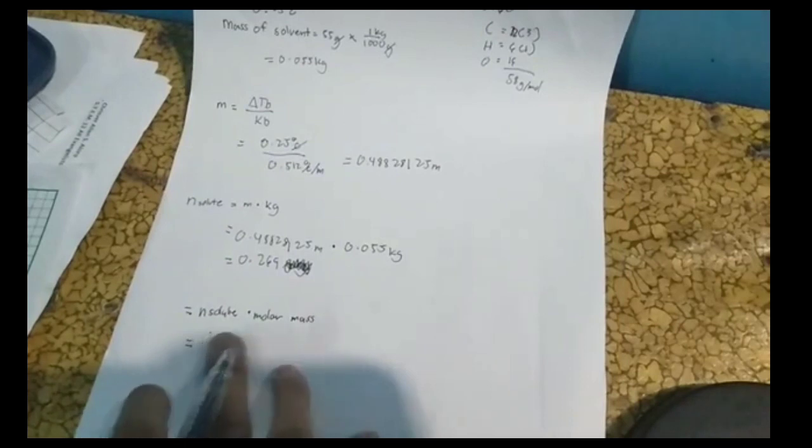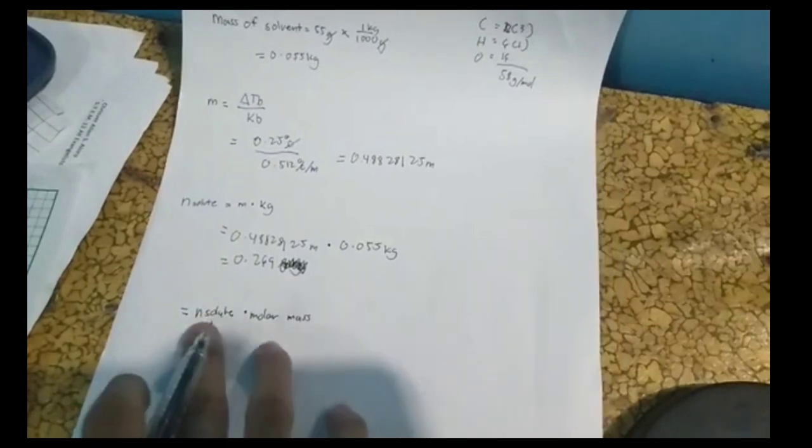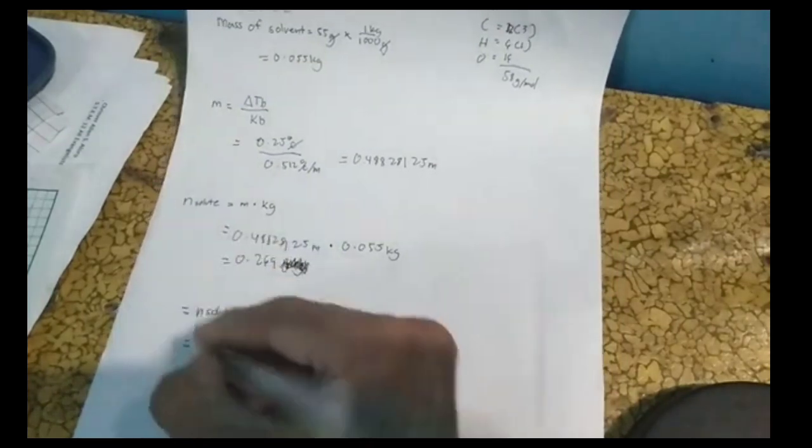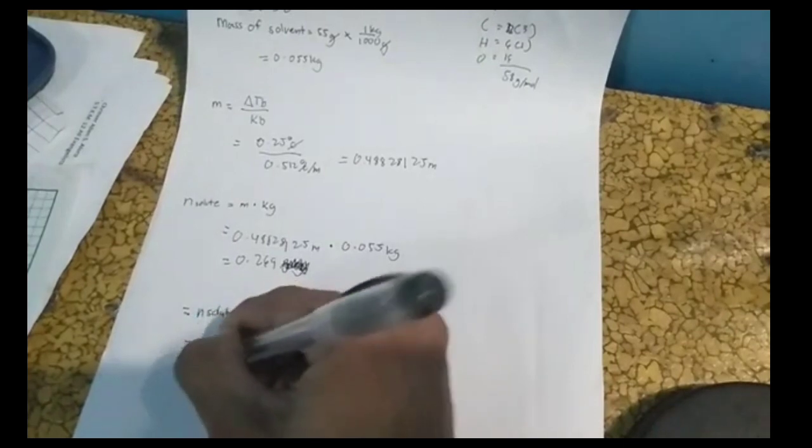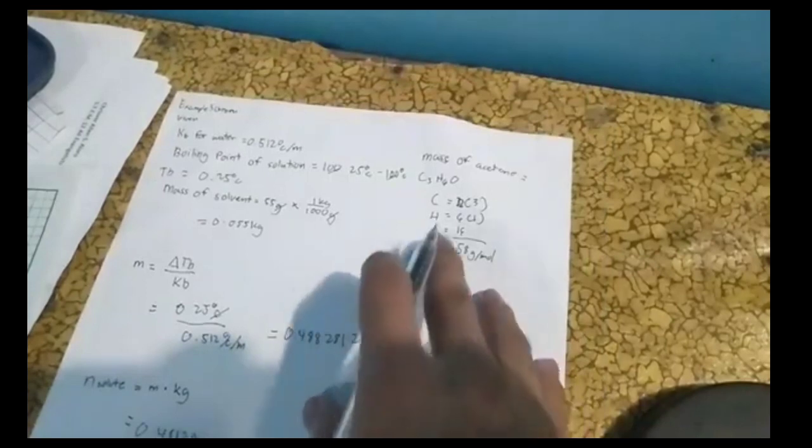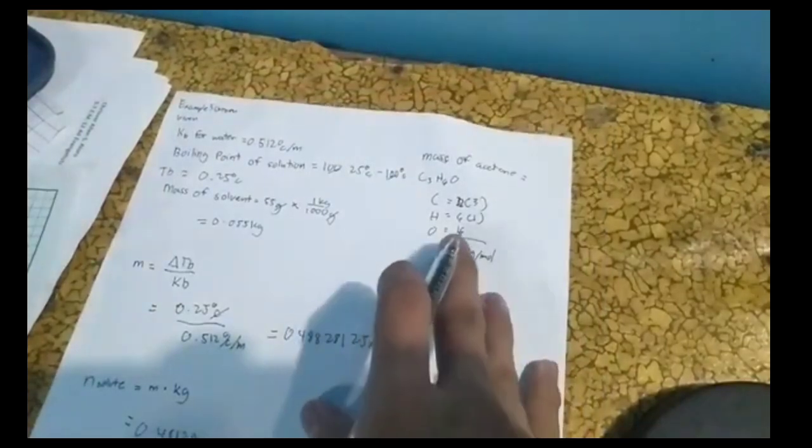For the final answer, we have the n solute multiplied by the molar mass. So we have the n solute, which is 0.0269, and we have the molar mass of acetone, which is C3H6O.